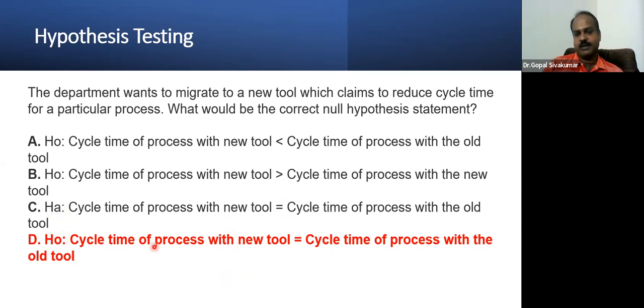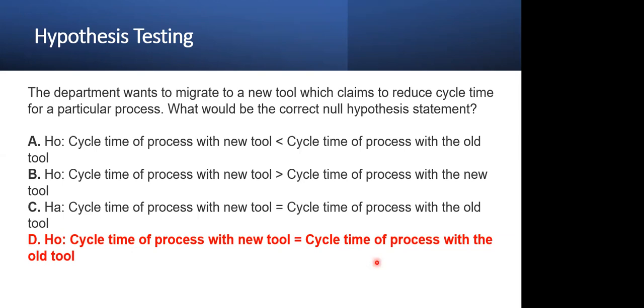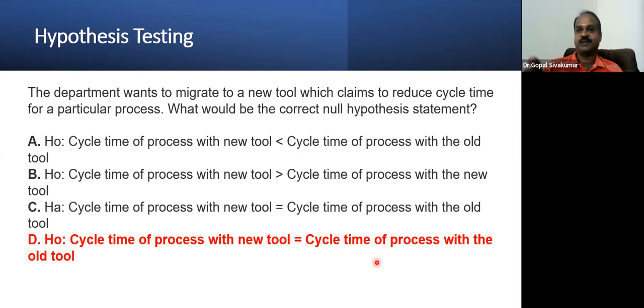Otherwise, this is the same. Look at the way the statement is drafted. Cycle time of process with the new tool is equal to cycle time of process with the old tool. But what is the objective of the researcher? To prove that the new tool reduces the cycle time. Am I right? Yes, sir. That is your research hypothesis, your alternate hypothesis.